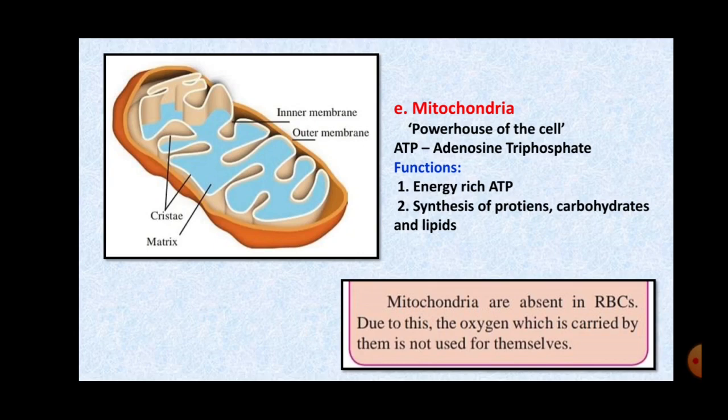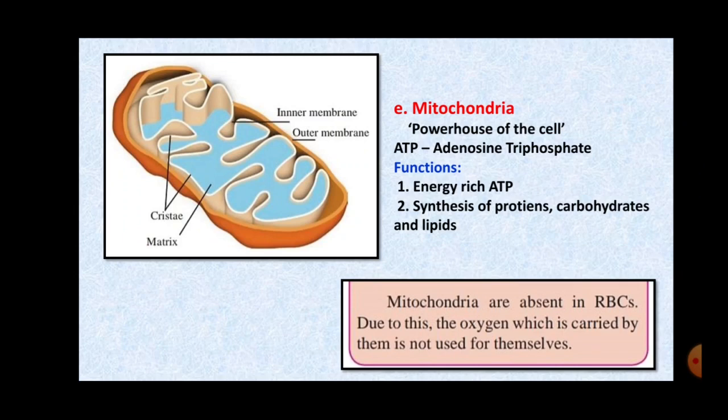Students, if you remember, the blood has 3 types of cells, and the liquid, that is called plasma. In the plasma, the 3 types of cells present are red blood cells or RBC, white blood cells or WBC, and platelets. Now, out of these, the RBCs do not have mitochondria. Why?